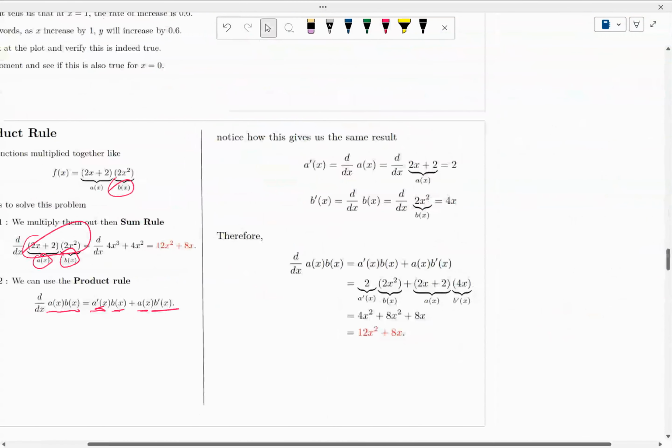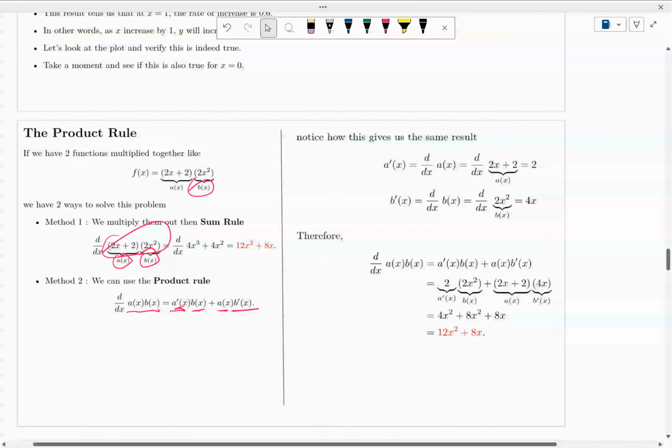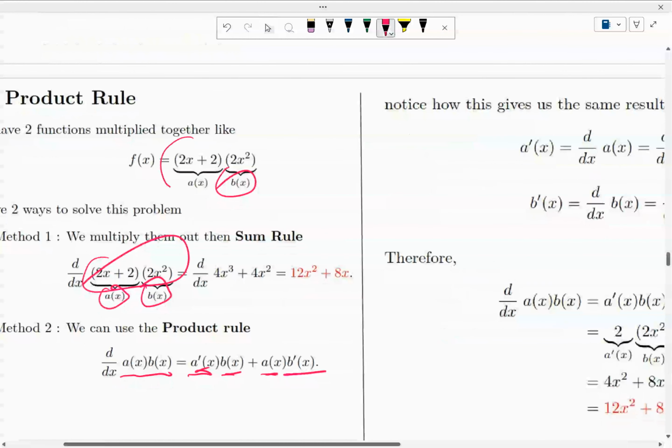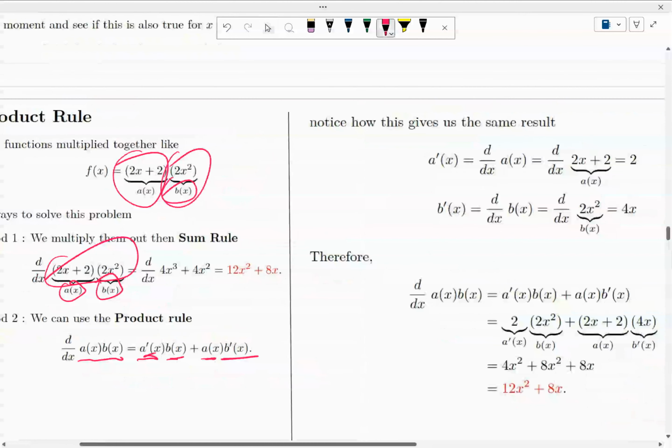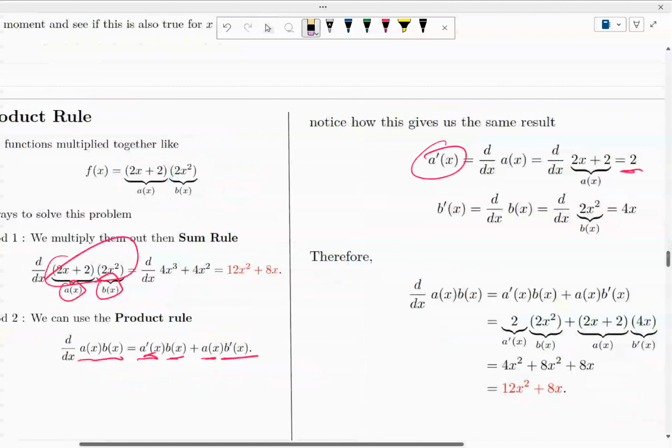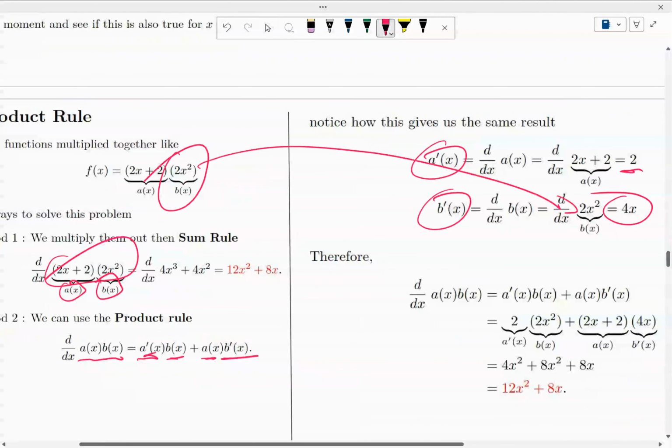So if we treat a and b separately, here's a and b, we can find the derivative of a, which is equal to 2. It's pretty easy to find the derivative of this. And then we can find the derivative of b, which is 4x. This is also based on the power rule we just learned.